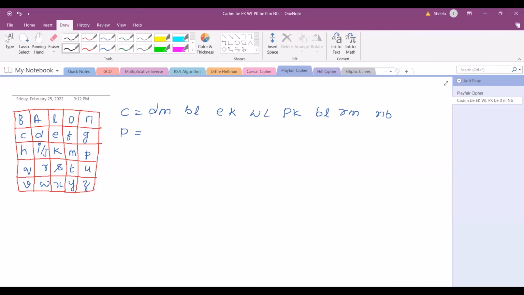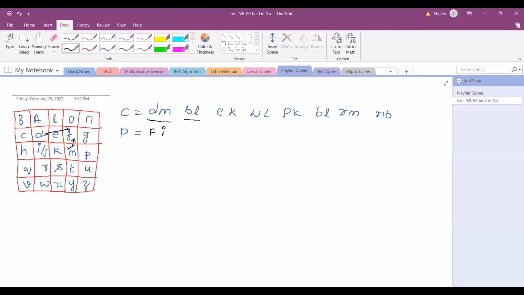So first let me consider DM. In the key matrix, here we have D and here we have M. Now I need to consider the row of D and column of M. The row of D and column of M gives F, and for M, the row of M and column of D gives I. And similarly we have BL.